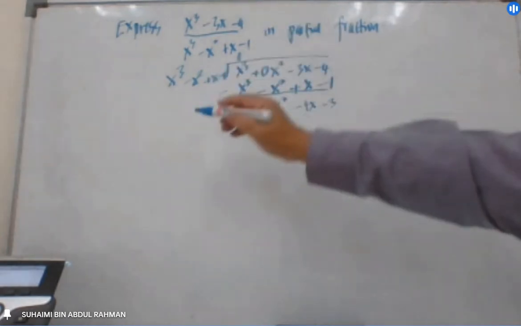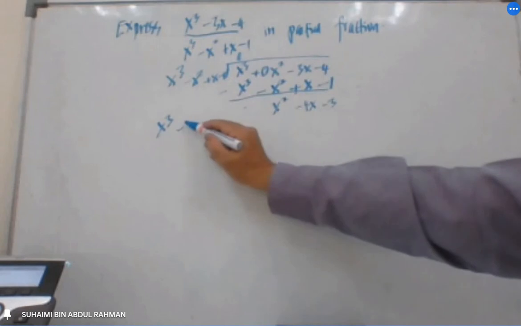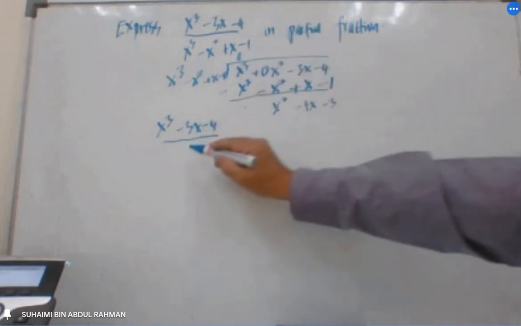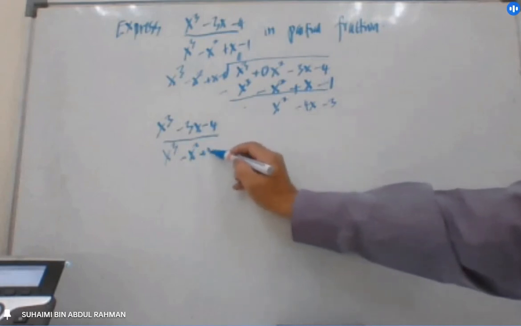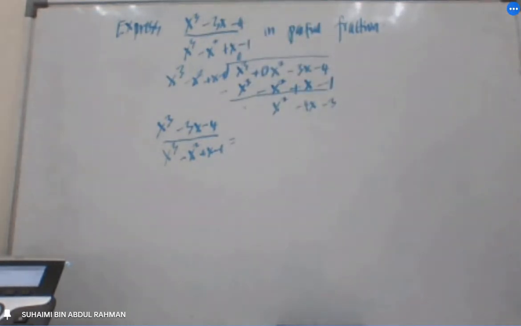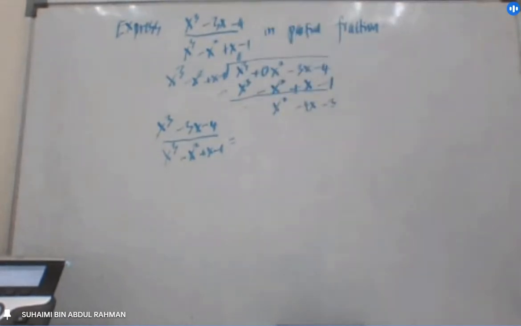Right, so we can rewrite this rational function, x cubed minus 3x minus 4 over x cubed minus x squared plus x minus 1. Remember, a rational function comes from a polynomial divided by a polynomial.